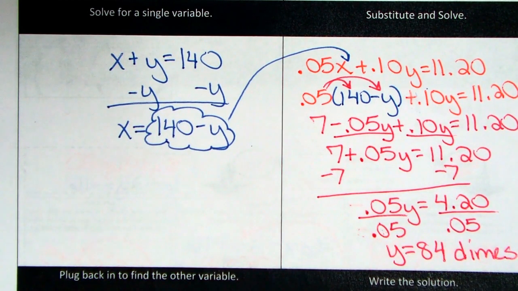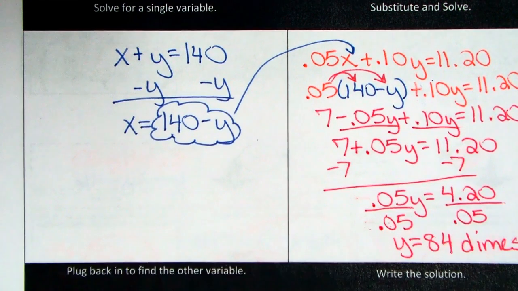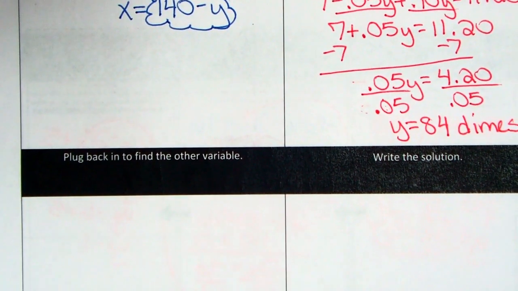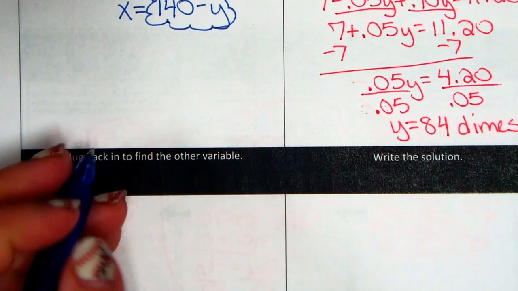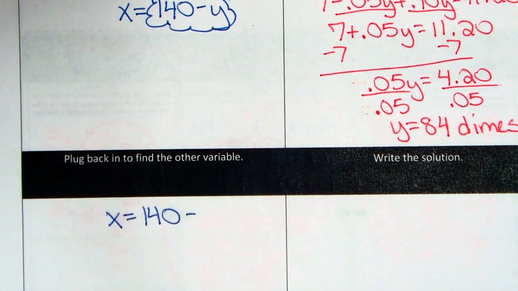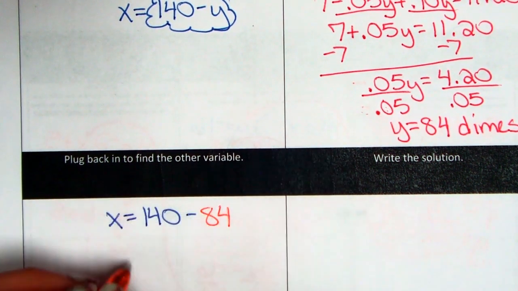To find the number of nickels, we can take that 84 and plug it in for y. So we have x equals 140 minus, and we'll put 84 in for y.